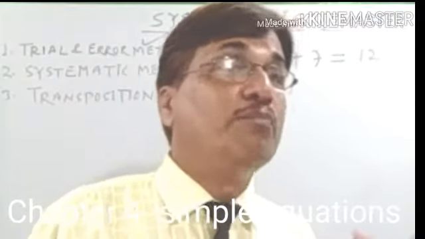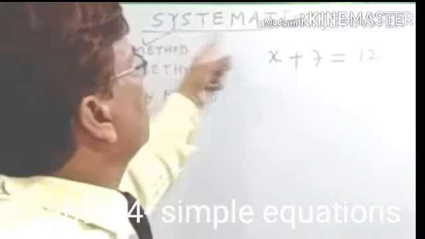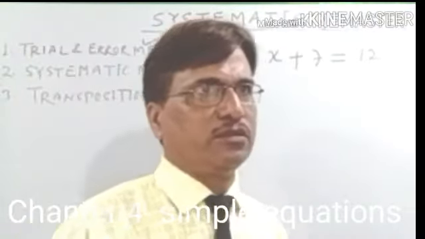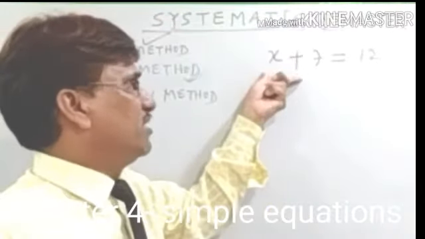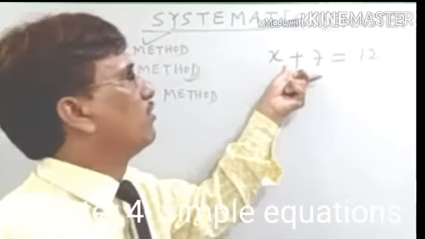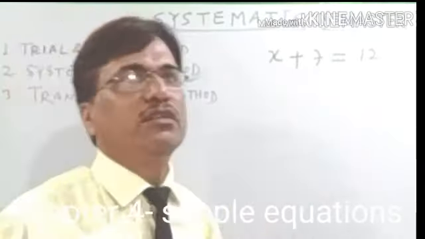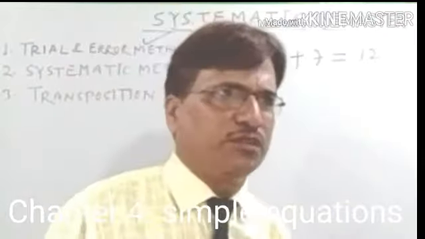We have a better method to solve the equation, a systematic method. We go stepwise to separate the variables on the left hand side of the given equation. Students, we have some rules to solve the equation.